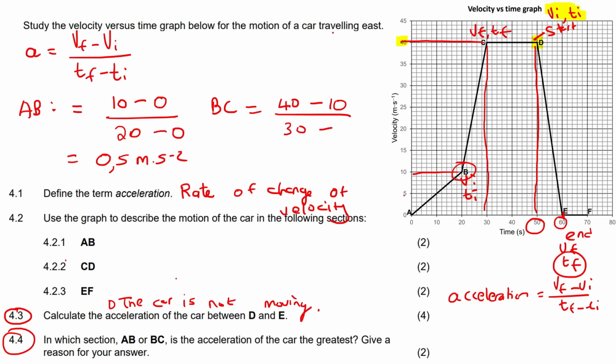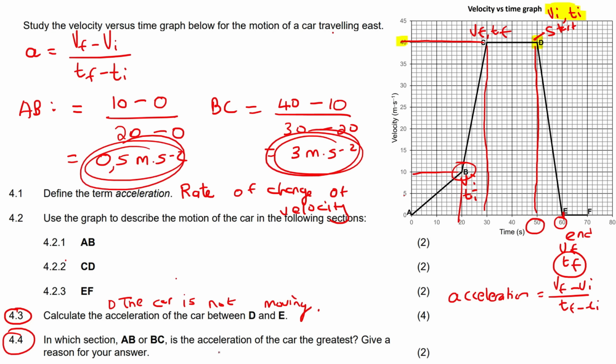And your initial time is 20. And so if you work this out, you're going to end up with 3 meters per second squared. Can you see that at BC, the acceleration is larger than at AB? So the answer is definitely going to be BC. And we can just say the gradient is the steepest. So just remember that the gradient of a velocity-time graph is the acceleration.